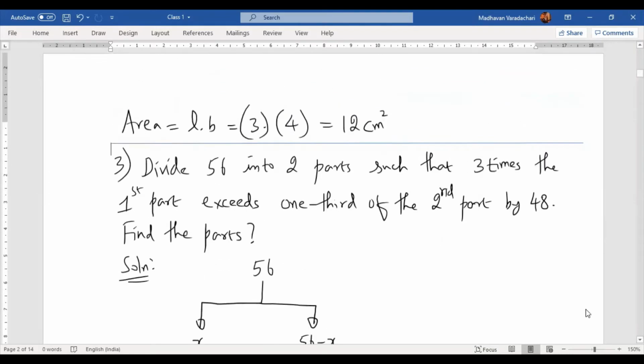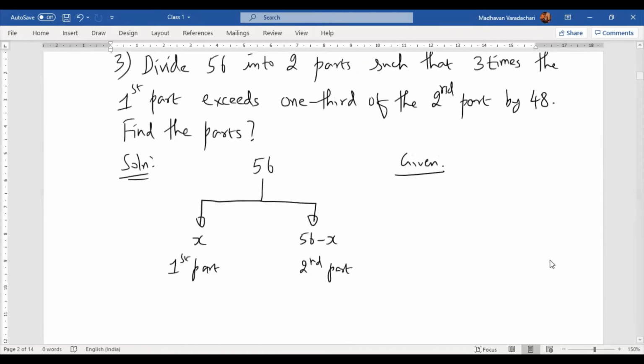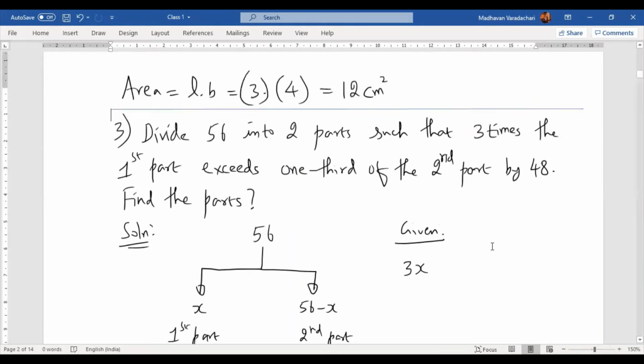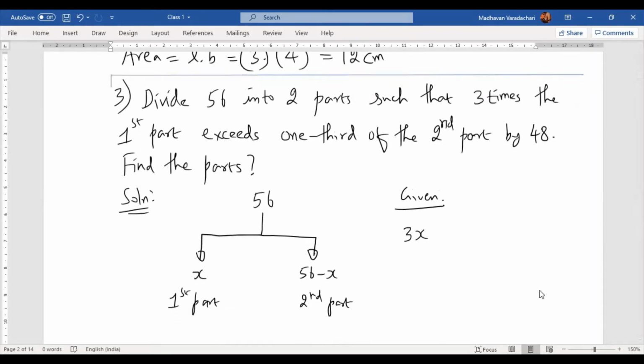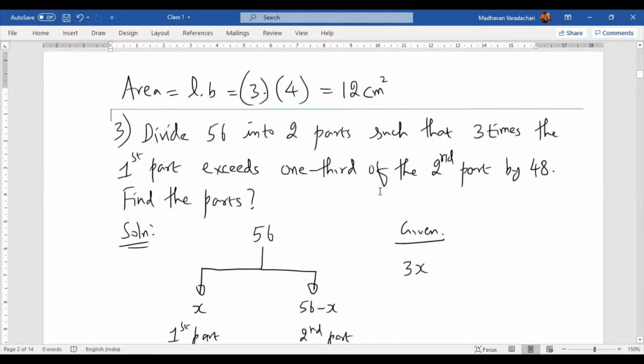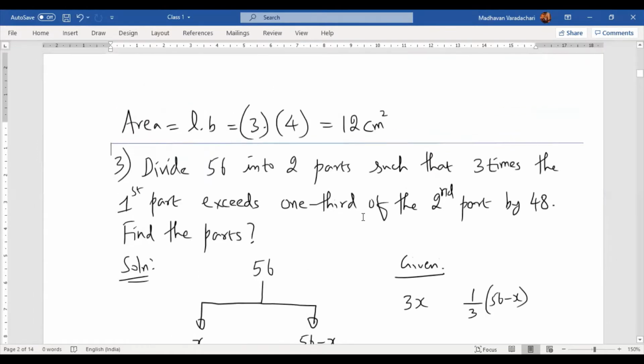What is given? 3 times the first part exceeds 1/3 of the second part, which is 1/3 times 56 minus x, by 48.